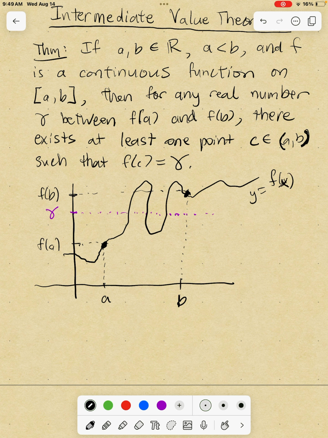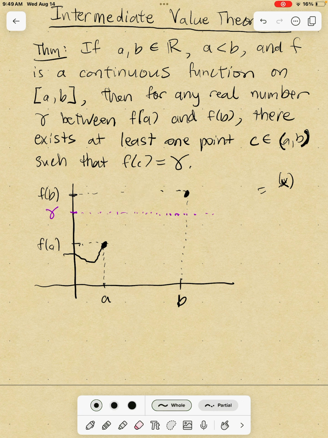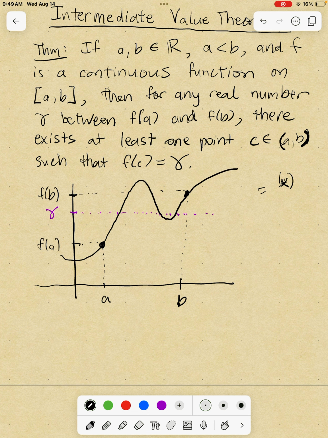I should make it look more like the graph of a function, because right now it doesn't look like one. There we go. That's y equals f of x.